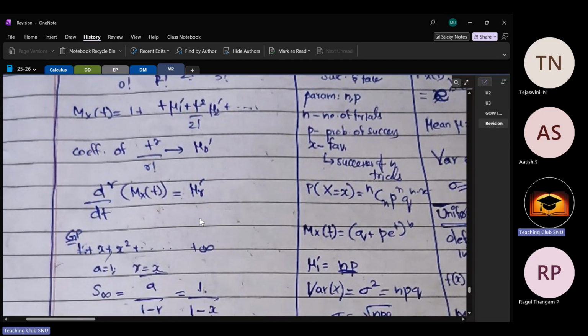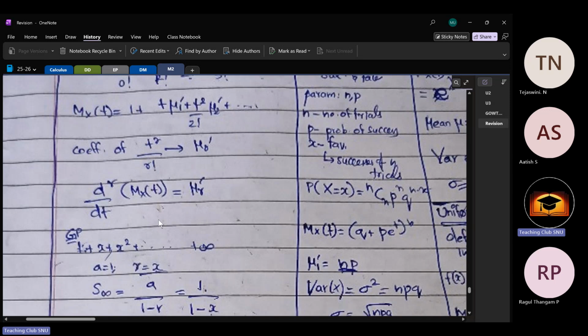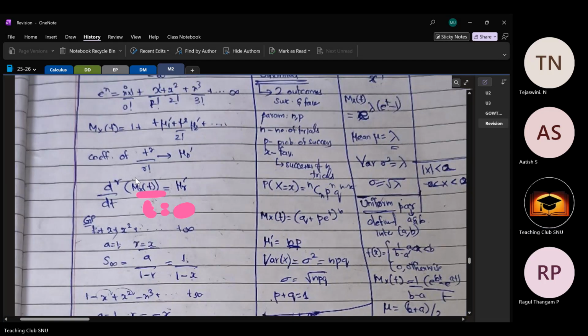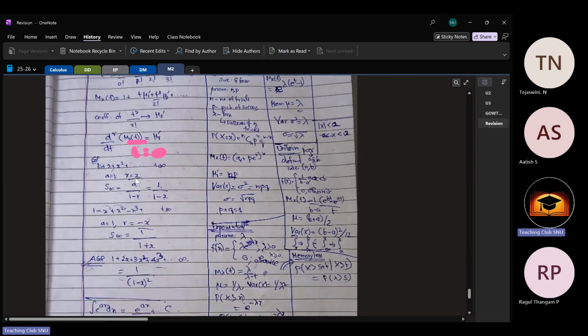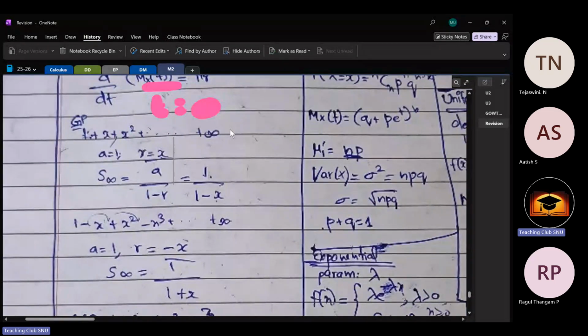Beautiful. And the derivative of Mx of t, the rth derivative with t put equal to 0, is going to give you mu r dash. Then general sequences, just know this: 1 plus x plus x squared till infinity.